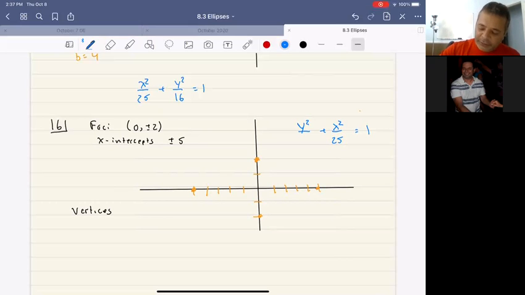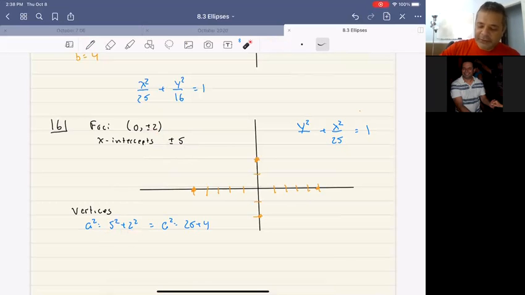We know that a squared should equal 5 squared plus 2 squared. So a squared should equal 25 plus 4. Remember, how did I get this? A is 5, B is 5, C is 2.